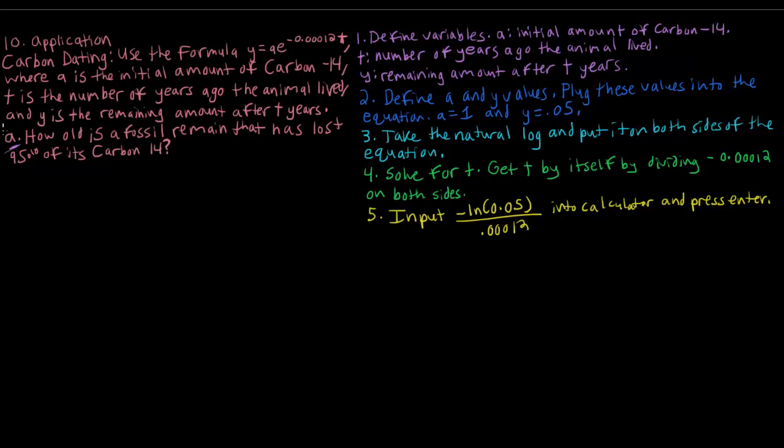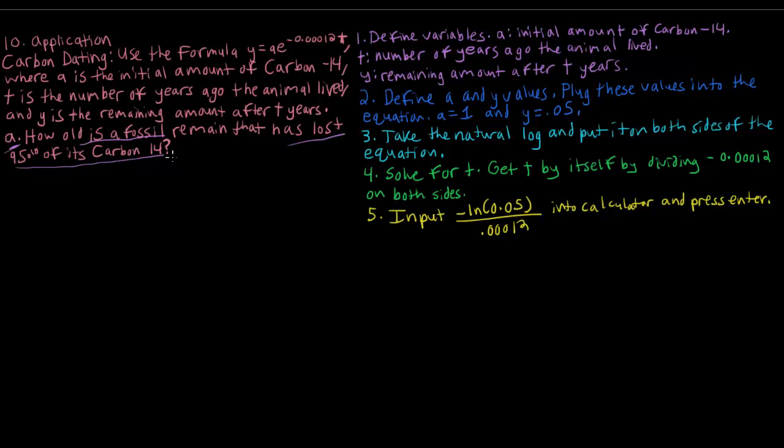So, to try to figure this out, we need to think about what they're asking. They want to know how old is a fossil remain that has lost 95% of its carbon-14.